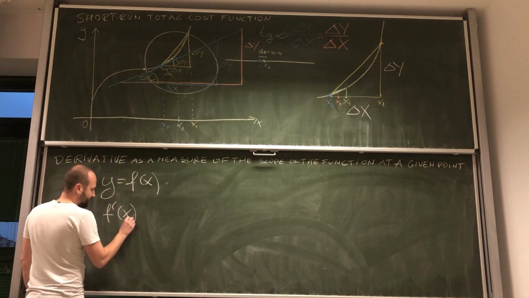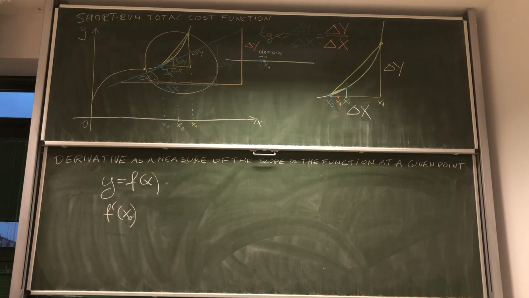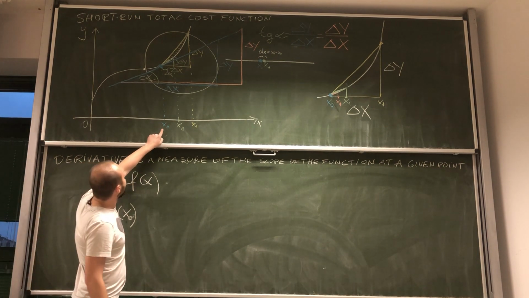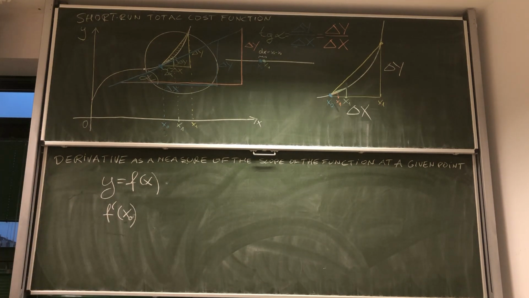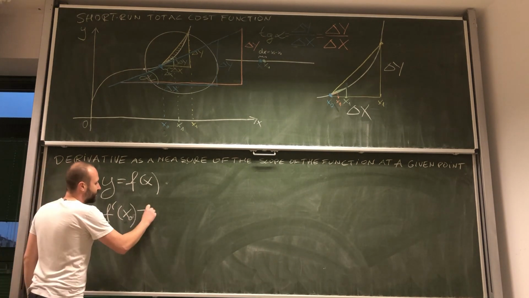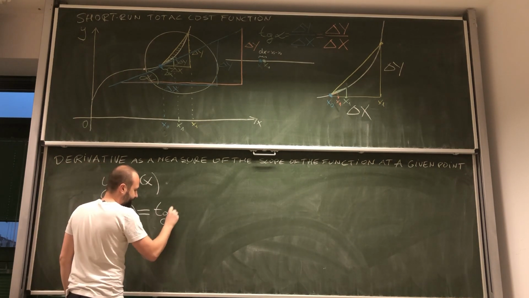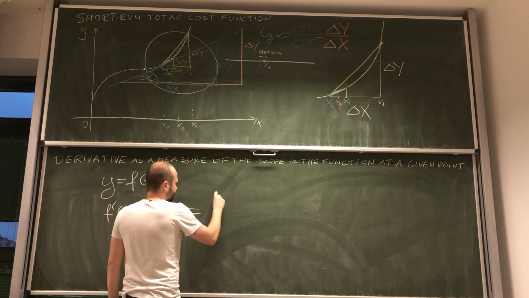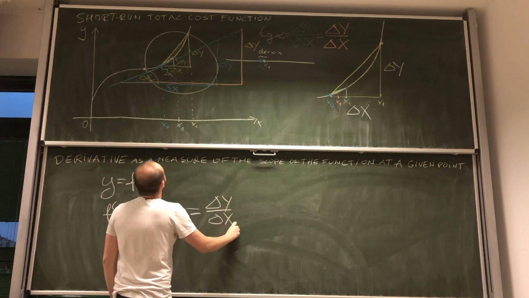This would be just to put x0, the one that we've got over here, inside the derivative, and what we are obtaining is the same thing we would get with tangent alpha, or with delta y over delta x.